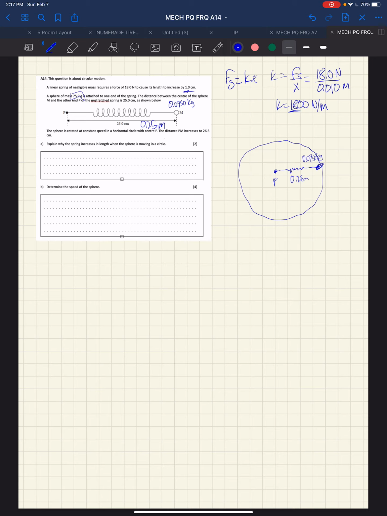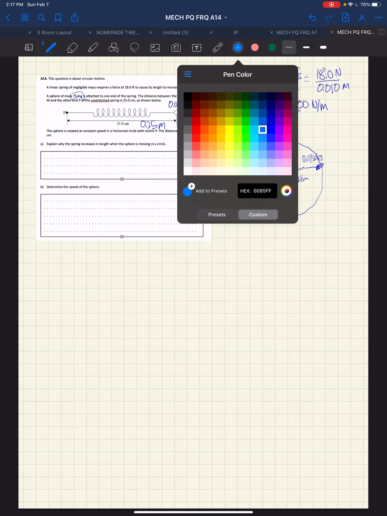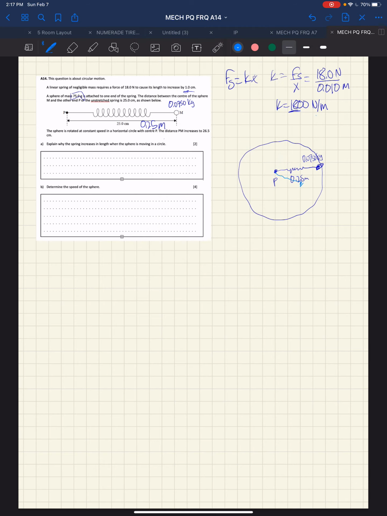Now, the interesting thing is that once this starts to revolve, the length changes. So now the spring extends a little bit and now travels in this orbit. And that distance, R, is 0.265 meters.